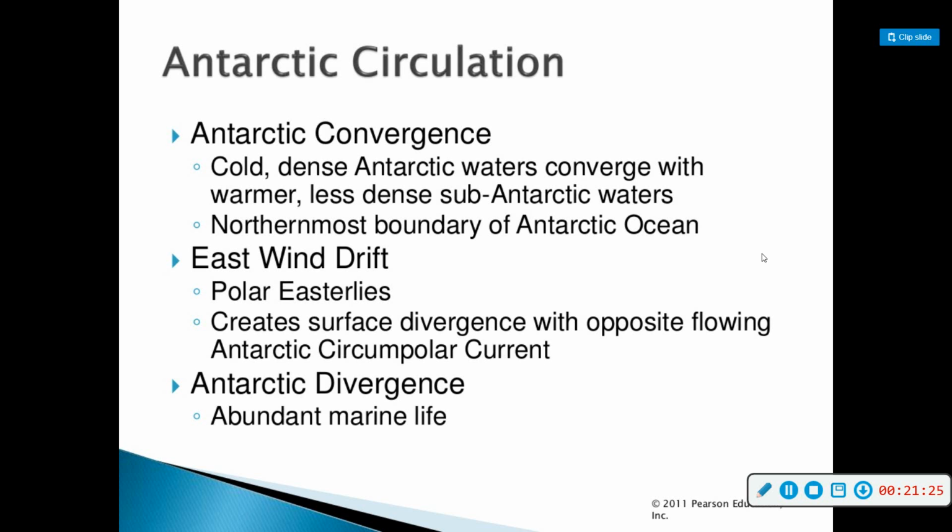The Antarctic convergence is where the cold, dense Antarctic waters converge with warmer, less dense sub-Antarctic waters. It is the northernmost boundary of the Antarctic Ocean. Then your East Wind Drift, these are your polar easterlies. This creates surface divergence with the opposite-flowing Antarctic circumpolar current, and your Antarctic divergence has abundant marine life.